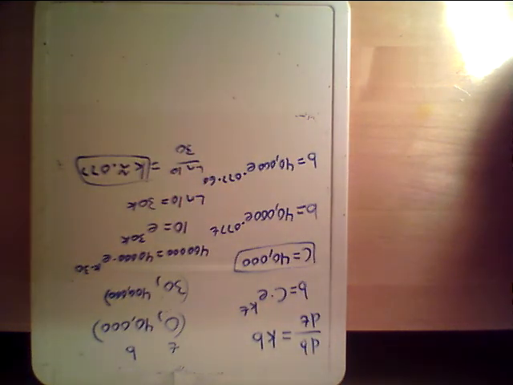And let me just punch that in real quick. This is just busy work calculator stuff. So let's see, 40,000 times e to the 0.077 times 60.